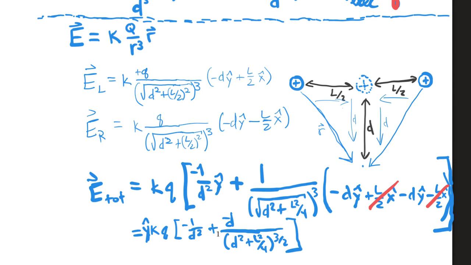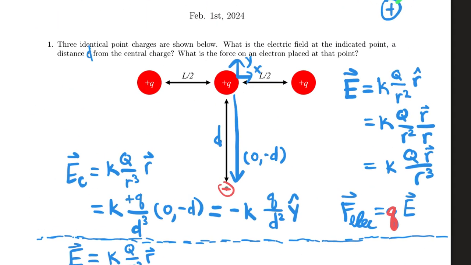Now, the last thing that we have to do is just remember the question also asked what's the force on an electron placed at that point. Well, if you remember, we had this equation right here.